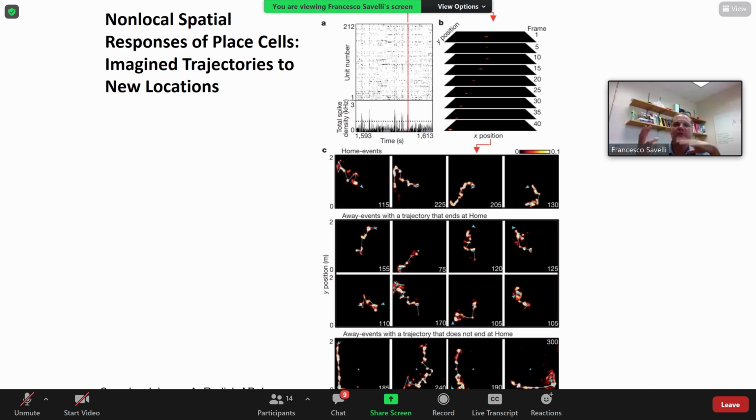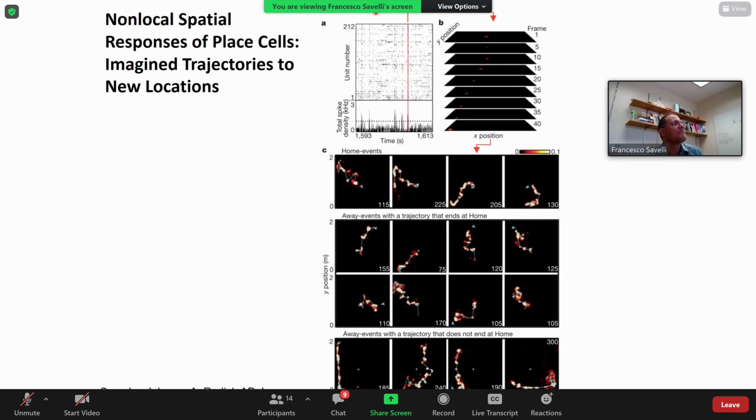And so the animal was usually planning a path back to the home corner, or to the goal location where it would get reward. So very fascinating, right? This is a system that might be involved in consolidation and memory, but also in imagining the future and planning.